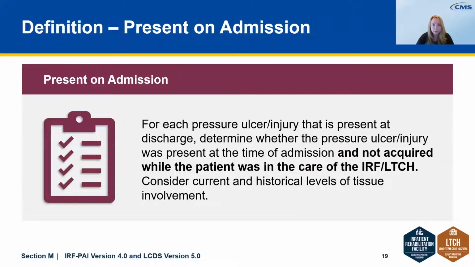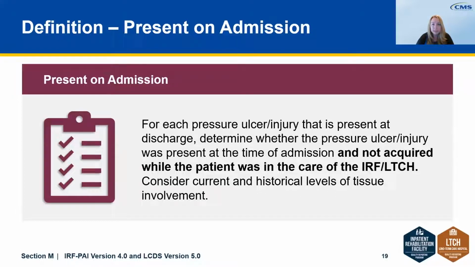Before practicing some coding scenarios, let's review what it means when we say that a pressure ulcer or injury was present on admission. The guidance and definitions found in the guidance manuals state that for each pressure ulcer or injury present at discharge, we need to consider current and historical levels of tissue involvement in order to determine if it was present at the time of admission.